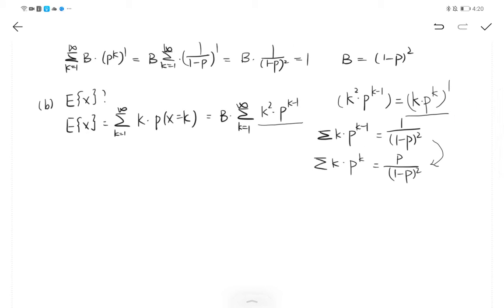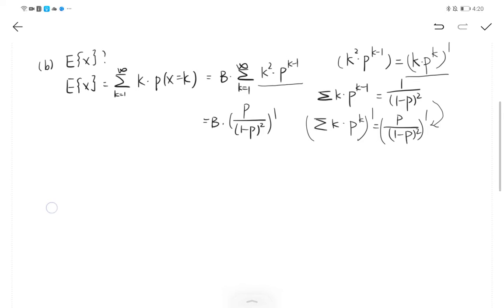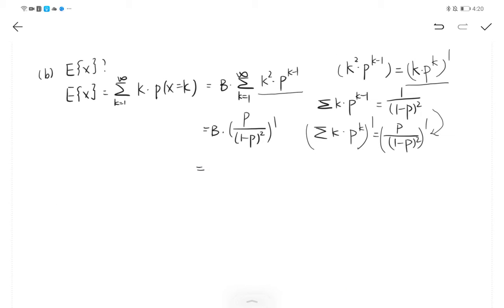So this derivative is this derivative. So the expectation of X equals b multiply the derivative of p over (1 minus p) squared.